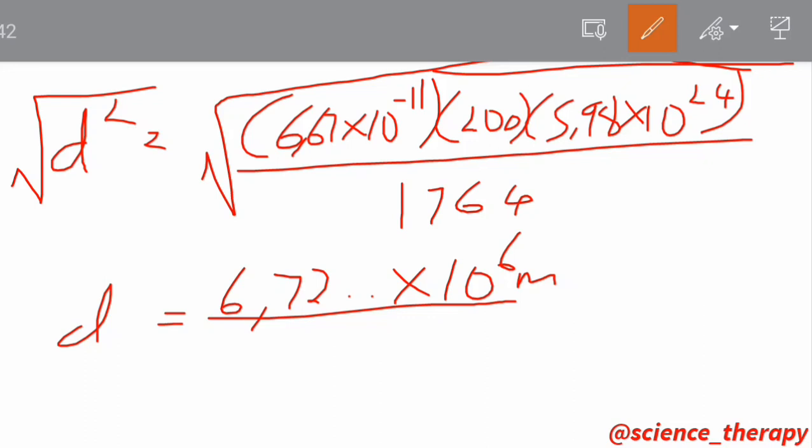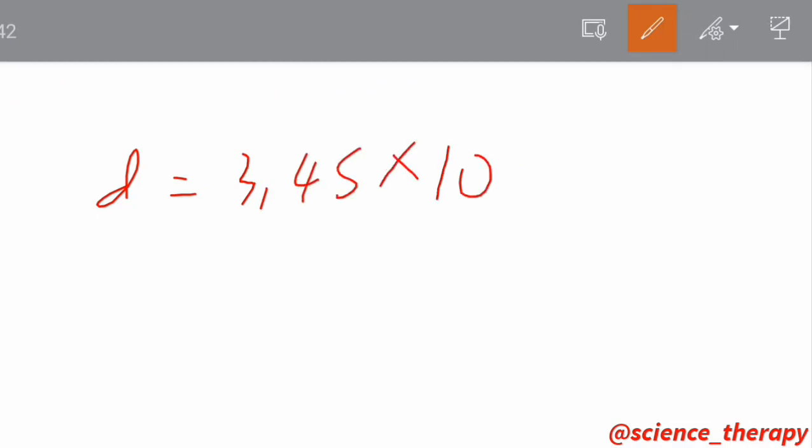So now in order to check for the distance between the satellite and Earth, we have to subtract the radius of the Earth, which is 6.38 times 10 to the power of 6 meters, right? So subtracting that, d now becomes 3.45 times 10 to the power of 5 meters.